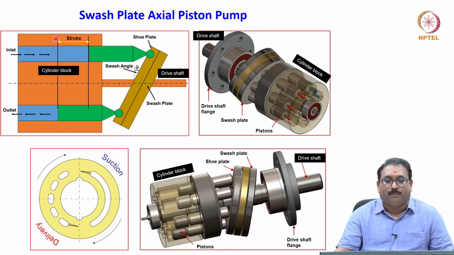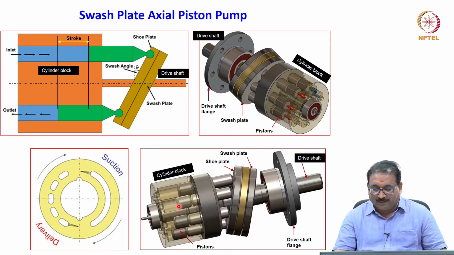When it moves up, what happens? Pistons are taken out. That time suction will take place through the ports. When it moves down, what happens? Pistons are pushed in. The fluid will be ejected from the discharge ports. You will see here cylinder block, swash plate for better understanding, drive shaft. You will see here how the arrangements are made.